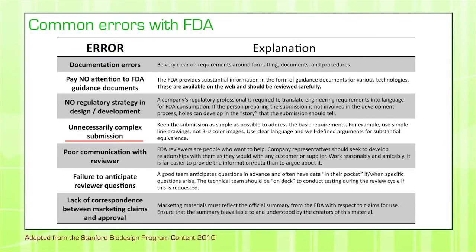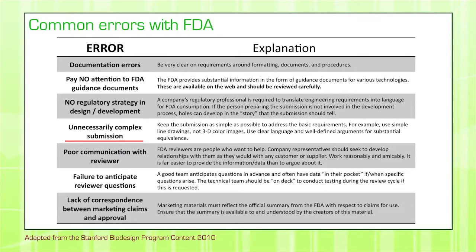Another very common error is to do unnecessarily complex submissions. This is something really interesting, because people tend to sometimes provide very extensive data, information, and due diligence packages in an attempt to actually confuse the FDA so that they don't review your submissions thoroughly.